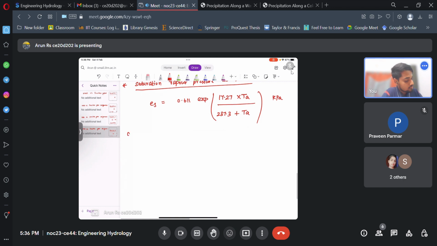So at 2.5 kilometers, temperature of the air is 3.75 degrees centigrade, and this is in degree centigrade.